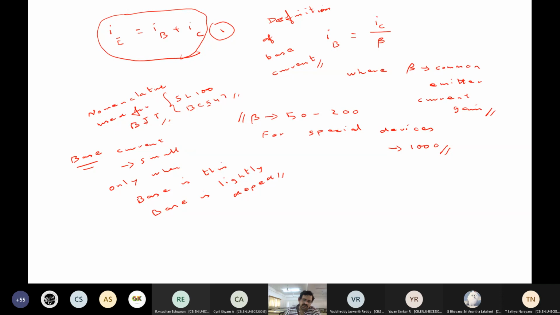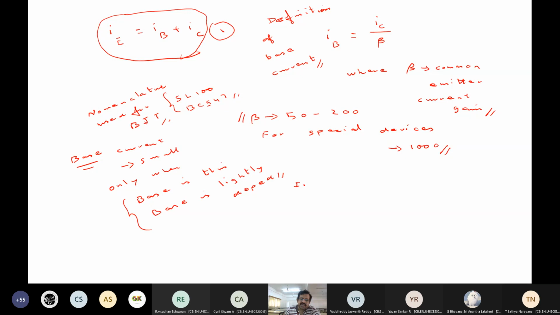So in the fabrication of transistor, these facts are taken into account so that the common emitter gain is ensured in this manner. So you can get all ranges all the way from few tens to the 1000, depending on the need.